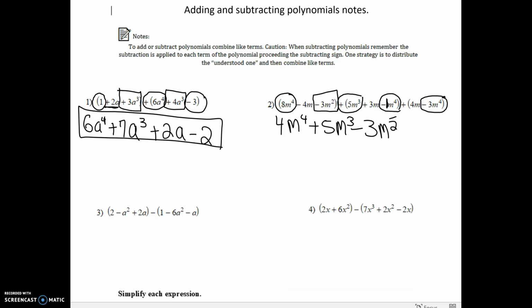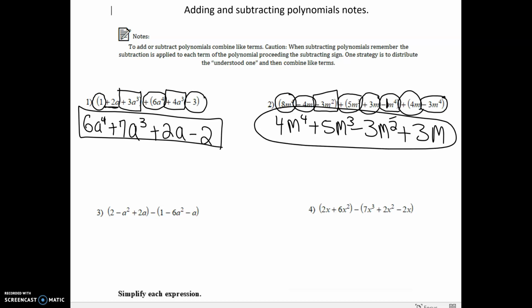And then the last one is going to be the m's. So you have a negative 4m plus 3m, so that's negative 1, right? Plus 4m would give me a positive 3m. And we're done. Okay.